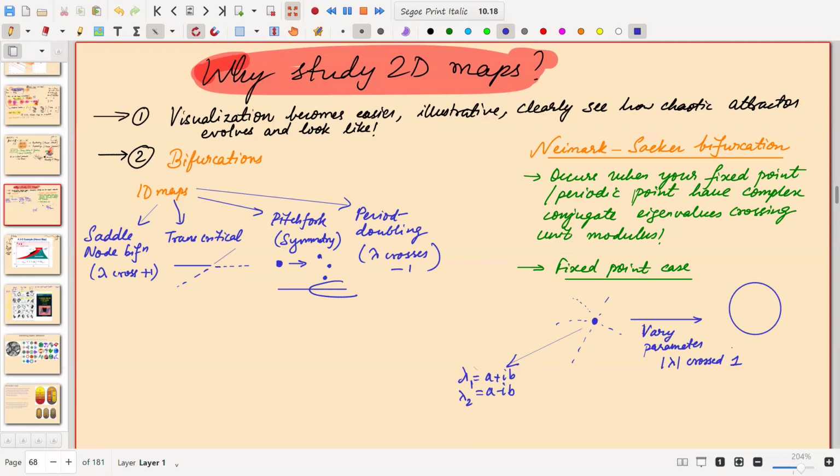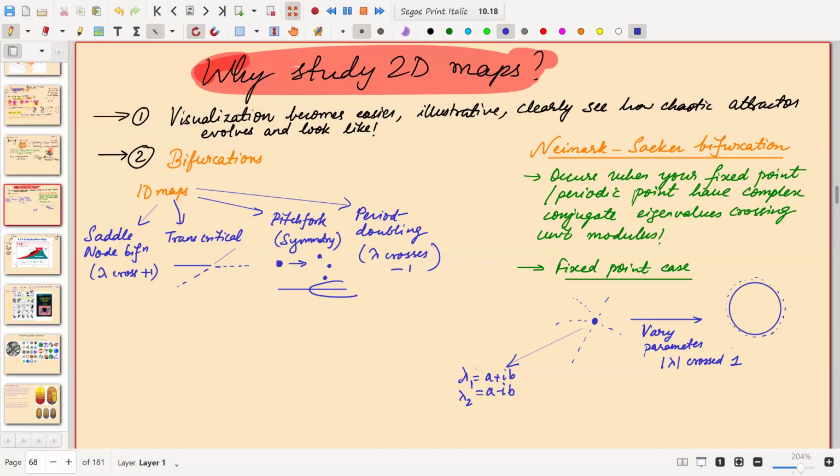This is not a curve. This curve is made up of a million points together, it looks like a curve, but it is not a curve. So when this bifurcation occurs, this is known as a Neimark-Sacker bifurcation. Now I have given you the idea.